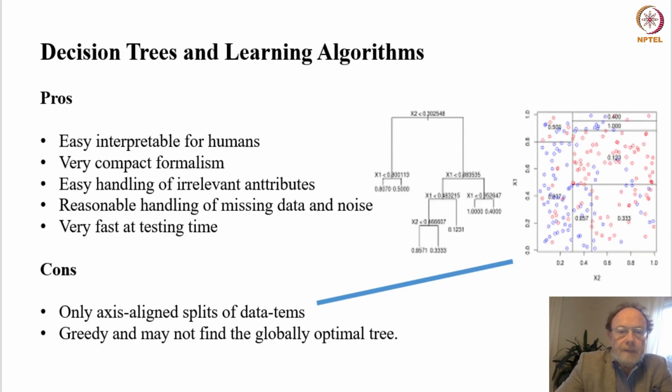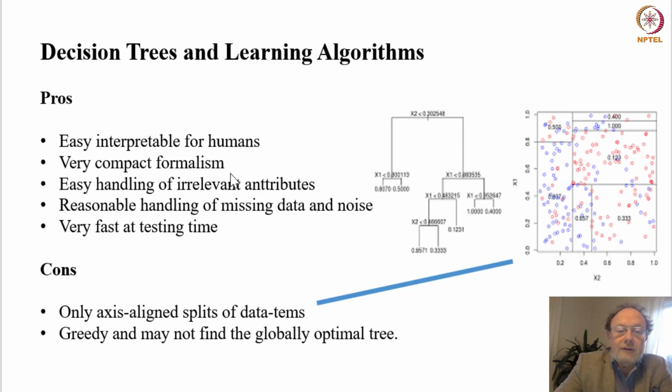Decision trees and the corresponding learning algorithms have some positive and negative properties. If we look at the positive side first, this kind of formalism is very easy to interpret for humans, and as a consequence also many aspects of the algorithms are easy to grasp and follow. It's a very compact formalism.